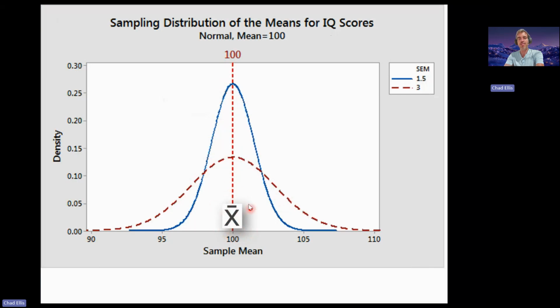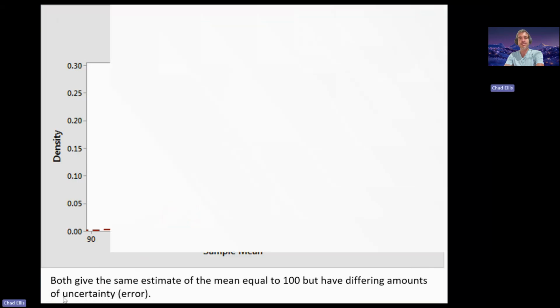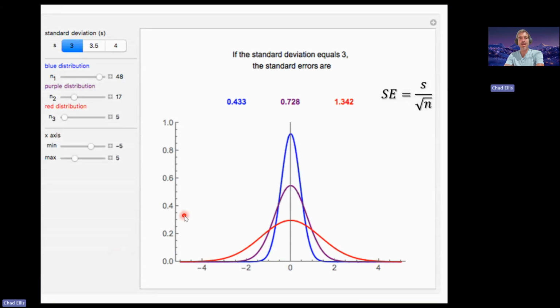Although they're both giving us the same estimate, there are different levels of uncertainty associated with both of these samples. And that uncertainty comes down, a lot of times, to the sample size.